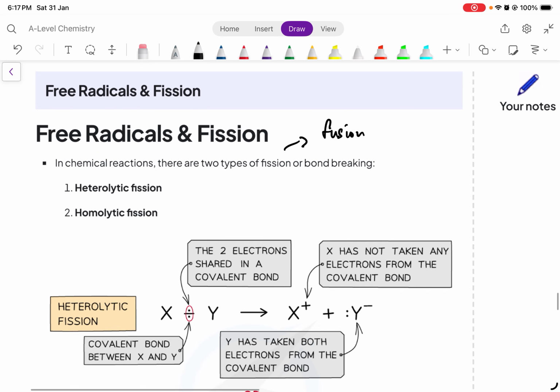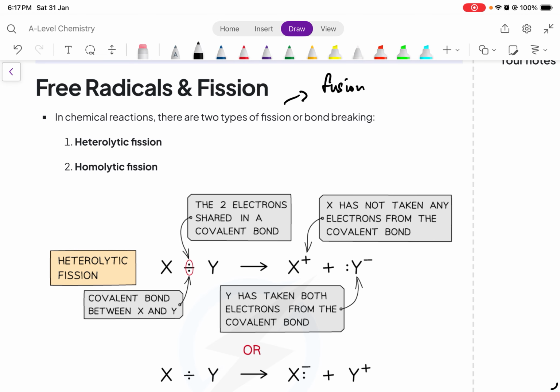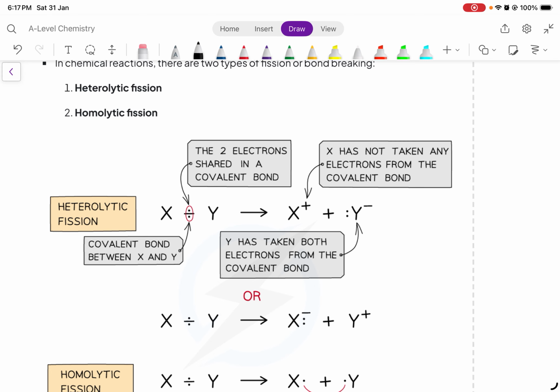So we've got heterolytic fission and homolytic fission. Heterolytic fission is about, for example, this is not a divide sign from mathematics, this is a bond with a pair of electrons shared. So they are sharing electrons between X and Y. This is a covalent bond. Now, when they undergo fission, when they separate out, one side will have a lone pair.